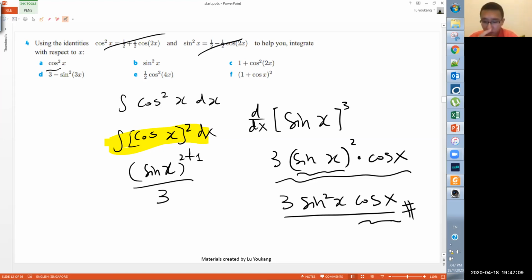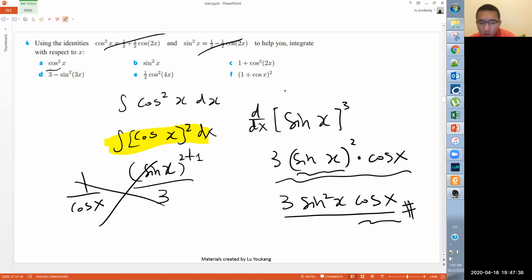So are you going to do this? No. Because when you differentiate sine x, you get cosine x, you need 1 over cosine x to cancel the effect of cosine x. That is the logic behind chain rule. But in this case, you can't do this.